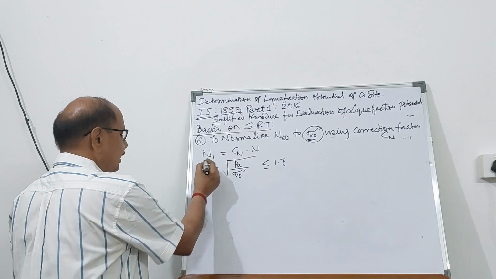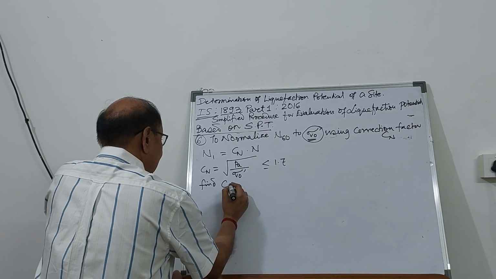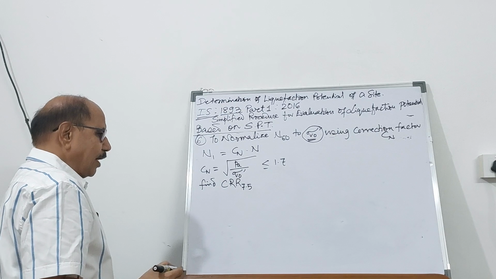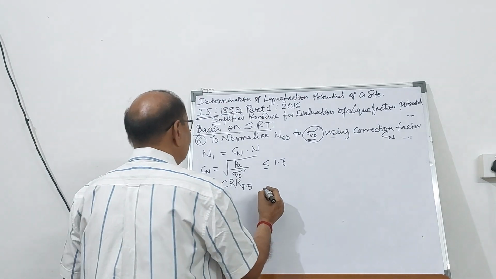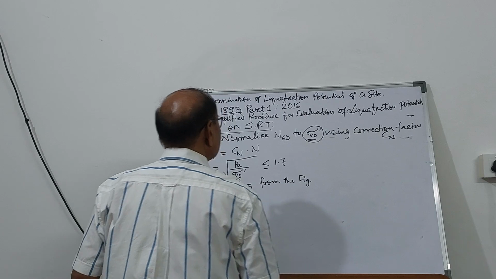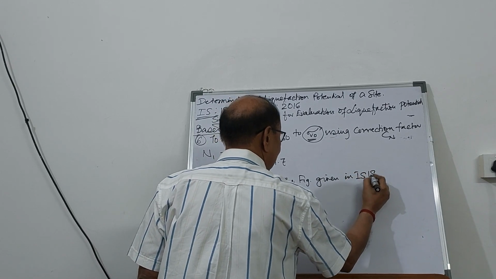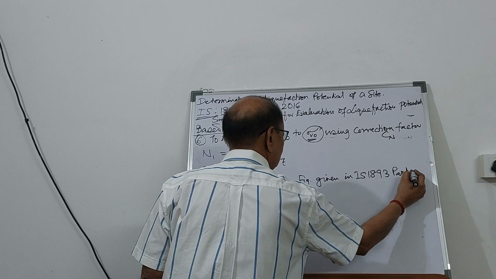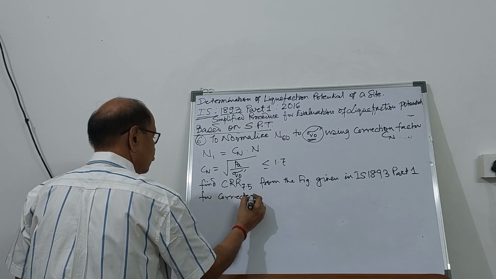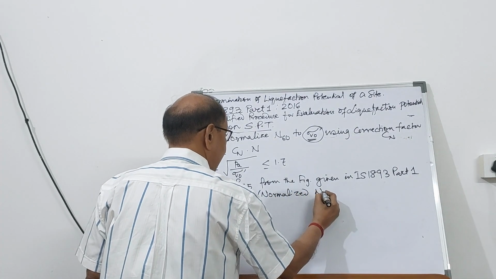And once you get this corrected N1 value, find CRR for magnitude of earthquake of 7.5 from the figure given in IS 1893 part 1 for corrected or normalized N1.